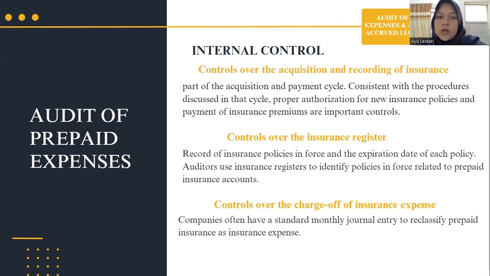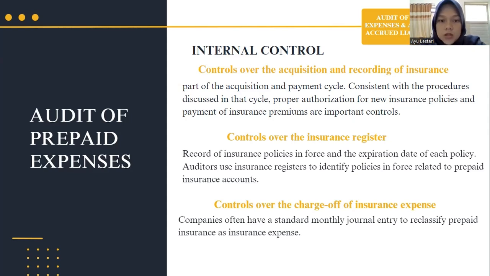In internal control, this is part of the acquisition and payment cycle. Consistent with the procedures discussed in that cycle, proper authorization for new insurance policies and payment of insurance premiums are important controls.